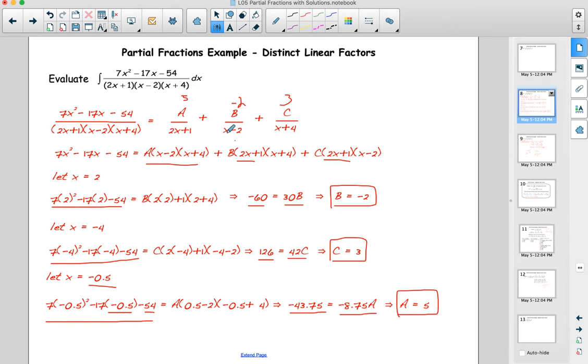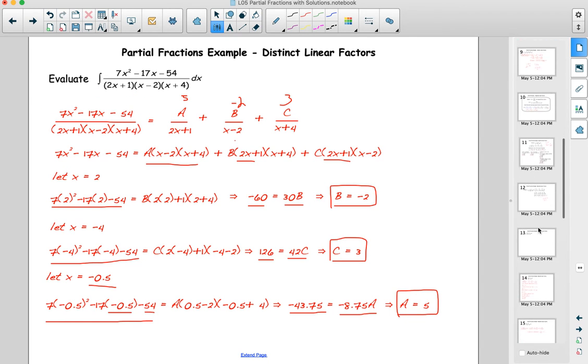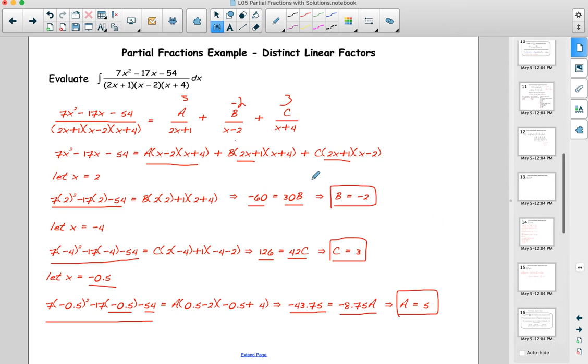It'd be 5 times x minus 2 times x plus 4 minus 2 times 2x plus 1 times x plus 3 plus 3 times 2x plus 1 times x plus 2. And simplifying all of that, you got to get back to that quadratic. So you may or may not have enough time to do all of that in university. So maybe just double check your work here before you move forward.